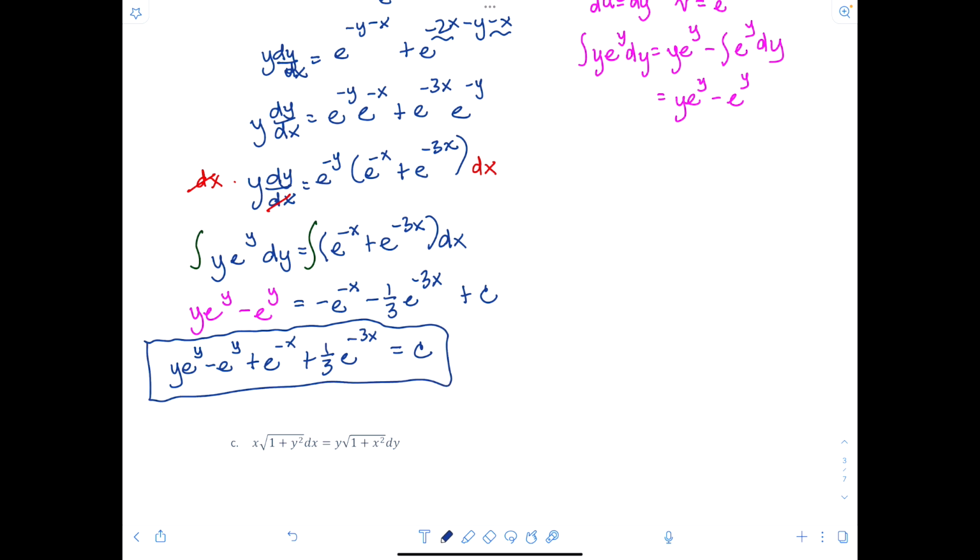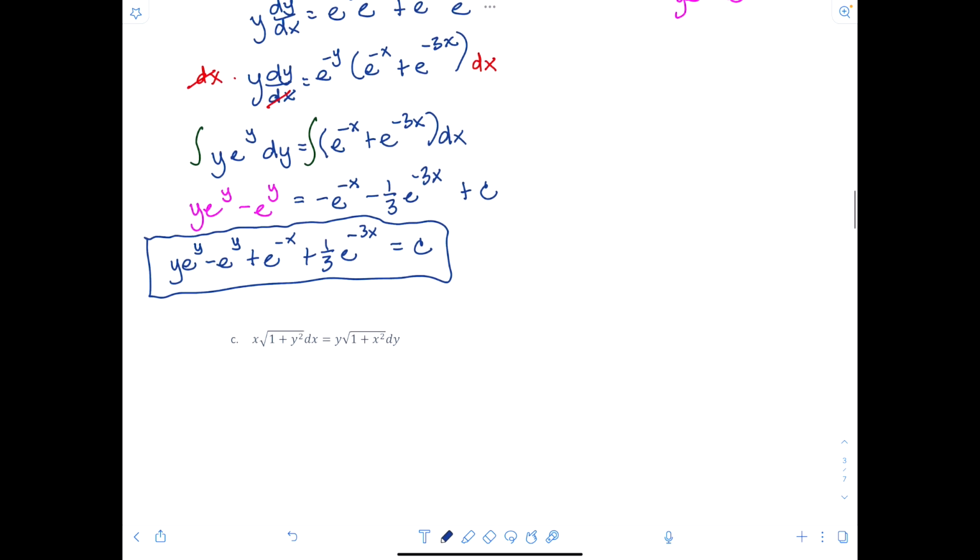Not a horrible integration by parts problem, right? You got this. All right, perfect. Now, let's go ahead and take a look at this one. So, we have dy on the right side, dx on the left side at this moment.